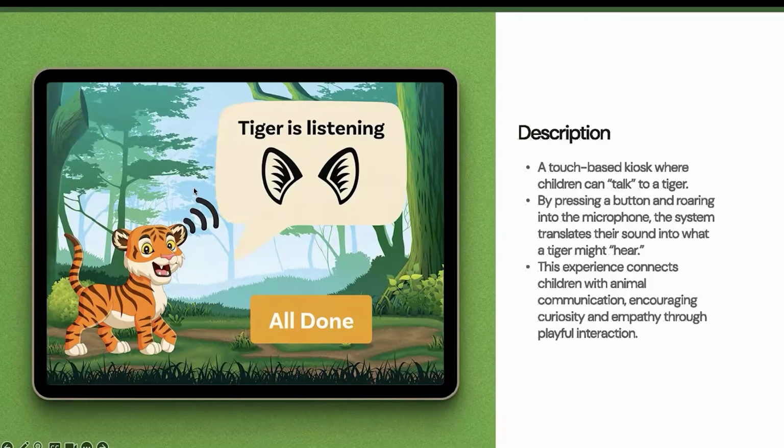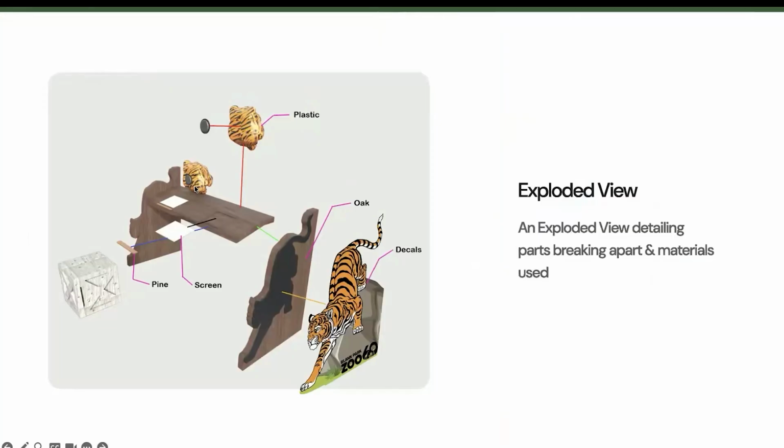Visitors can engage in a simulated conversation with a tiger character, listen to animal facts, and participate in guided storytelling interactions. The form factor was designed to feel like a natural feature of the exhibit environment rather than an added-on digital interface: a deliberate integration of digital content with spatial and environmental design.